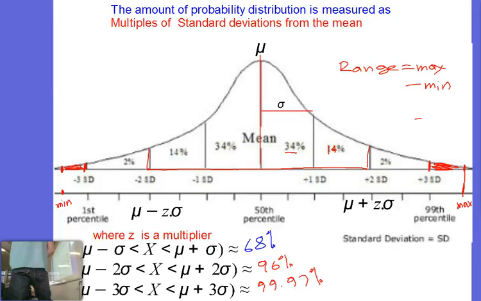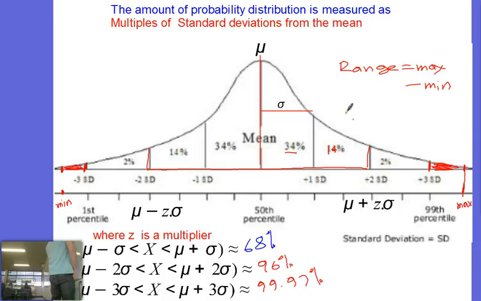Very good. 6 standard deviations. 1, 2, 3, 4, 5, 6. So the full range from the maximum to the minimum is approximately equivalent to 6 standard deviations. Everyone see that? Because 3 standard deviations on either side from the center is almost 100% of the whole lot of values.